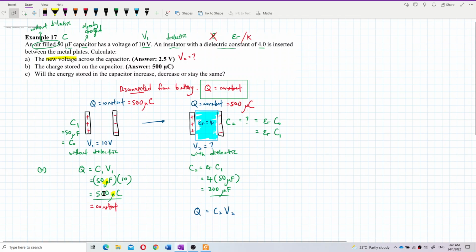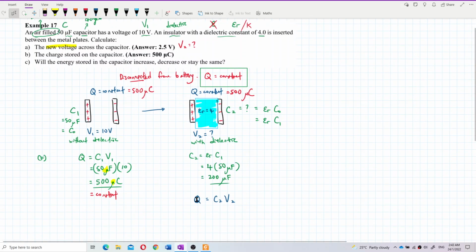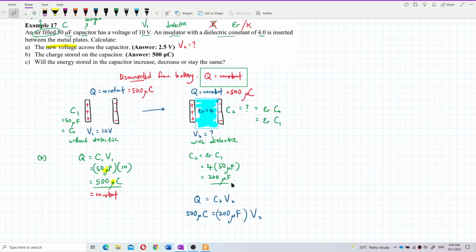So this one I can put as 500 microcoulomb, and the capacitance I got just now is 200 microfarad, multiplied by V2.